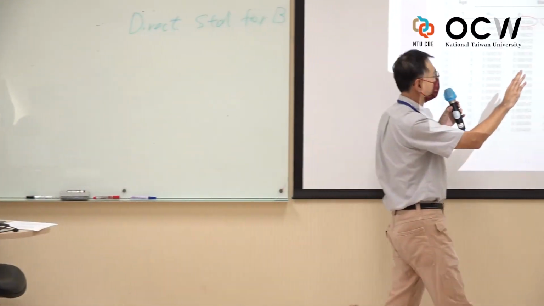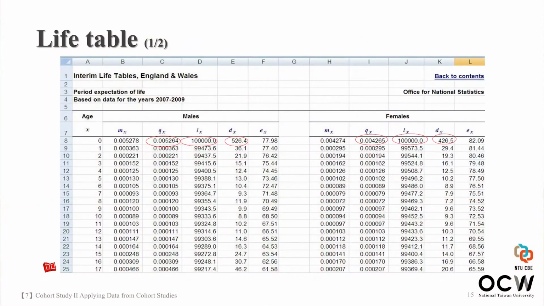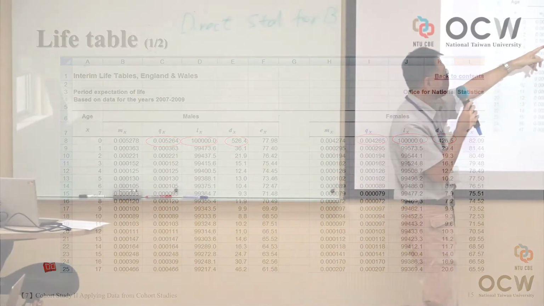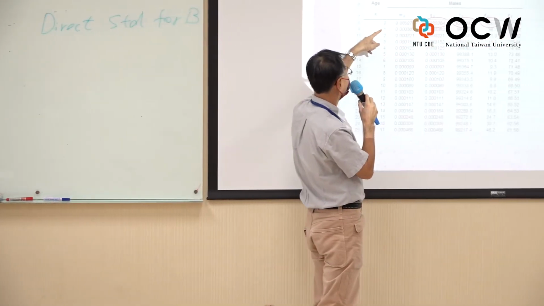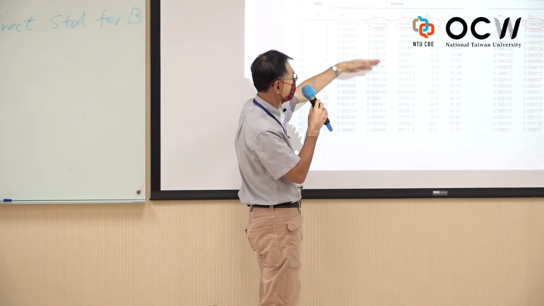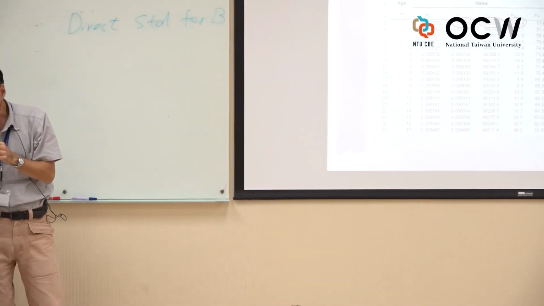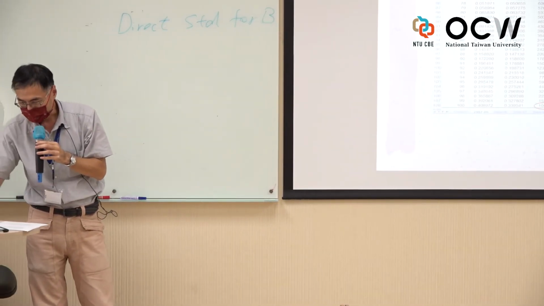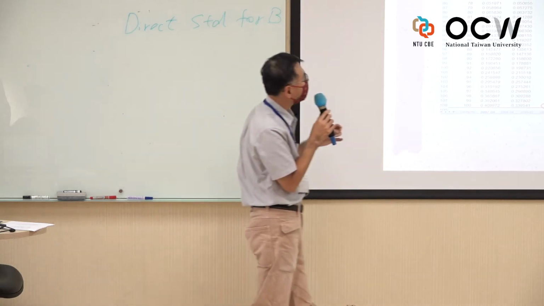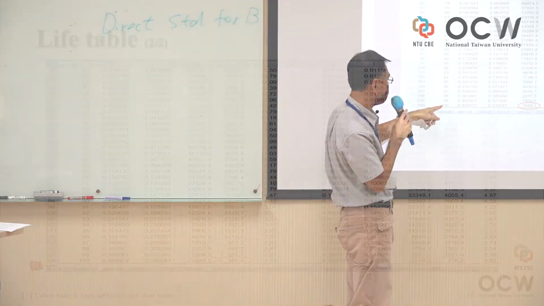And we do exactly the same thing for females. And the survivors at year 1 will experience what happened for year 1 and 2 and 3, step by step. And in the end, you could check what happened for the year 100.